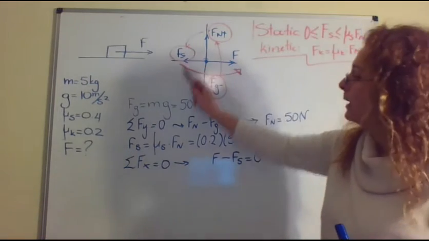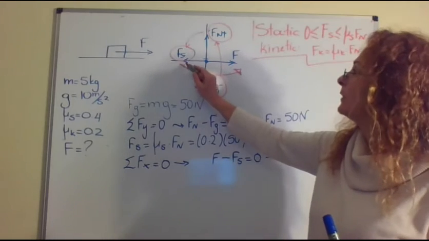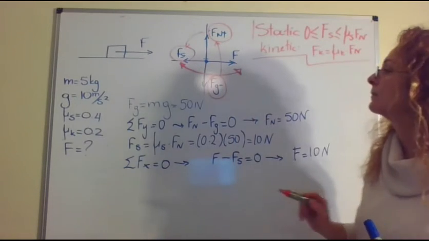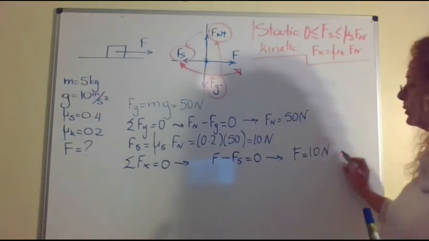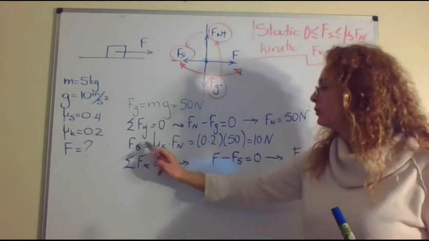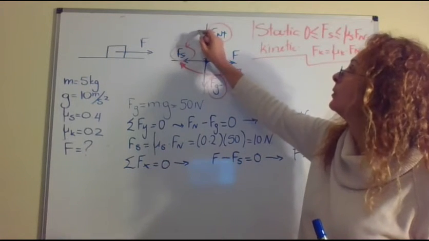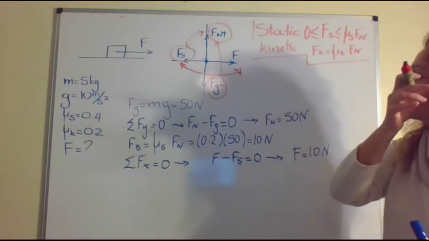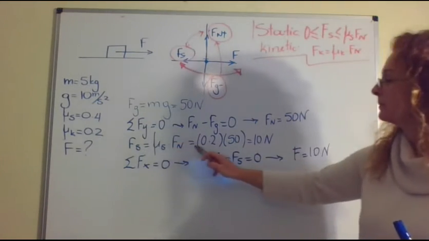I would go backwards using the sum of forces on the x-axis being 0, and I would find the static friction first, and then from the static friction, I would be able to find the normal force. I would go opposite and find that the normal force is 50 from this equation.